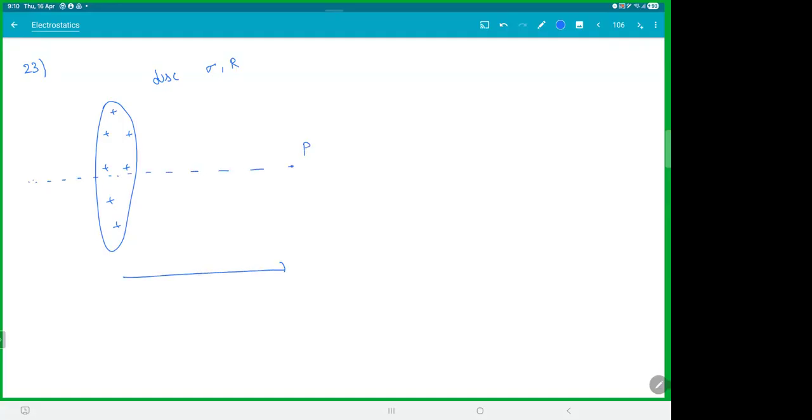This is point P and this is distance Z. Find the field at point P. Explain the result if R tends to infinity. Means if you make the radius of the disk infinity, then what do you think will happen?